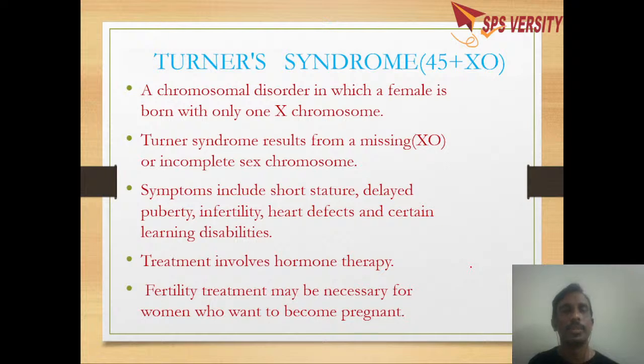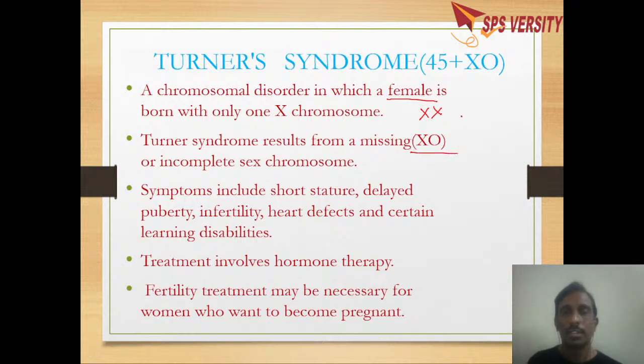And the next syndrome is Turner syndrome. It generally occurs in females. In females, there will be 2 X chromosomes, but here 1 X chromosome is missing. That means here there will be X0.